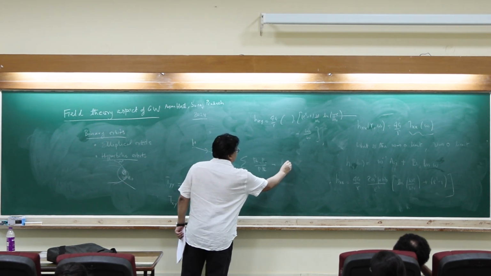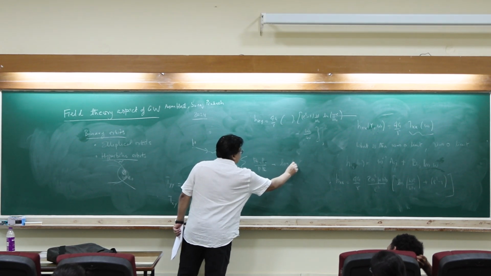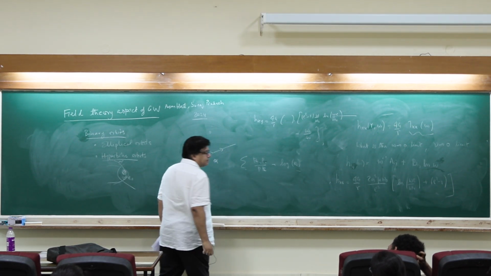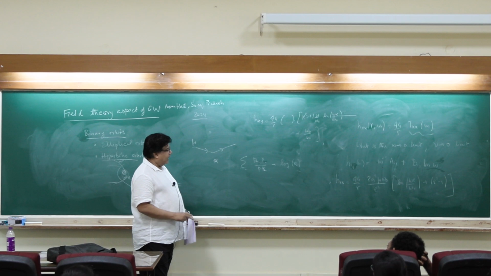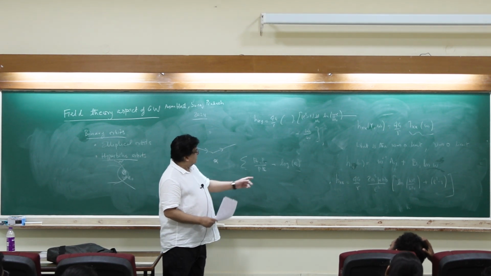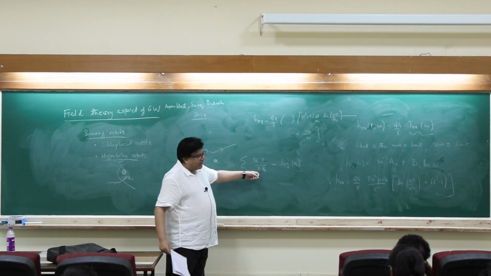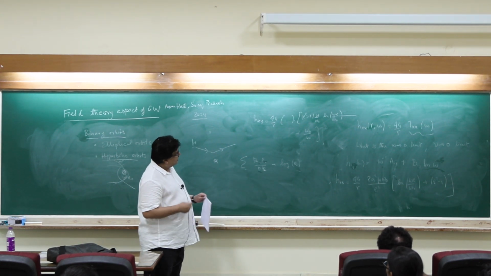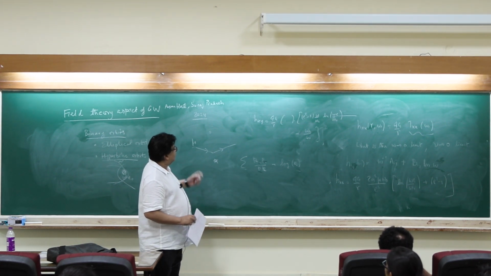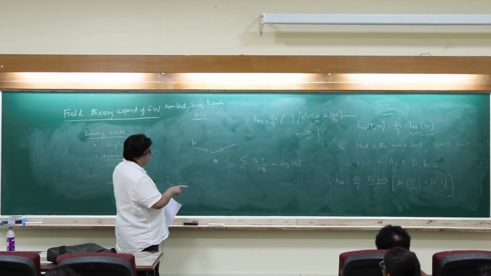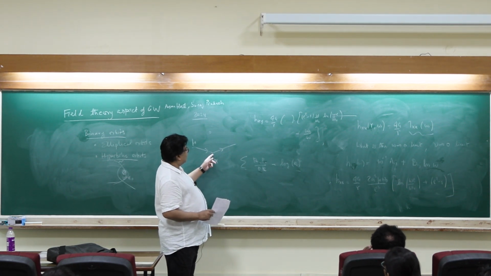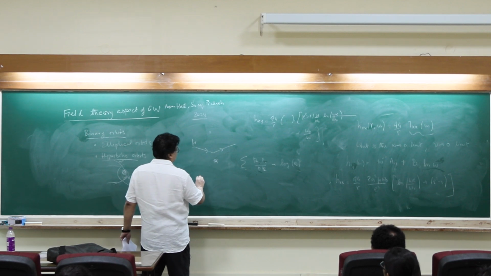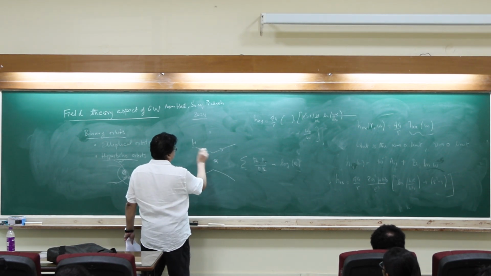And then there are log terms, log of k. Okay, and this is the 1 by omega term, and there are log terms. So in this paper, in the scattering calculations, what you do is you take these asymptotic states.